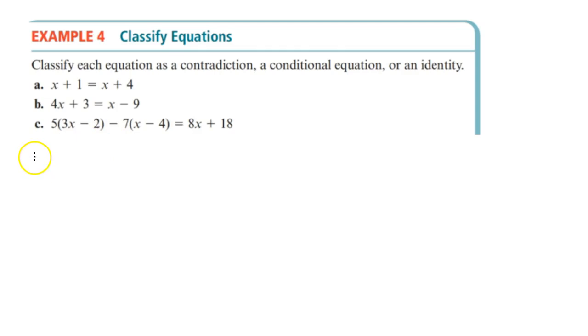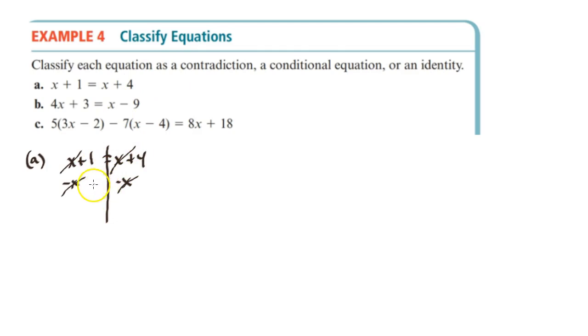So part A, let's look at that first. So we have x plus 1 equals x plus 4. We're going to subtract x from the left and right side of the equation, and that will actually cancel on both sides, which is interesting.